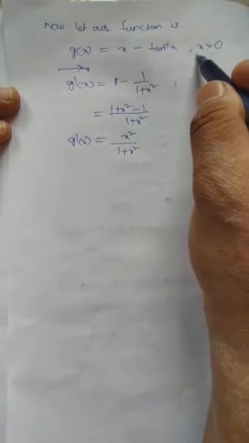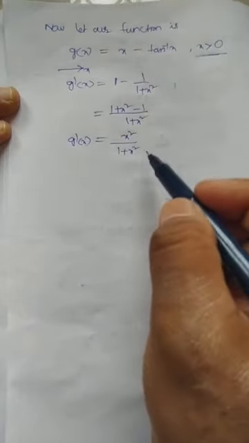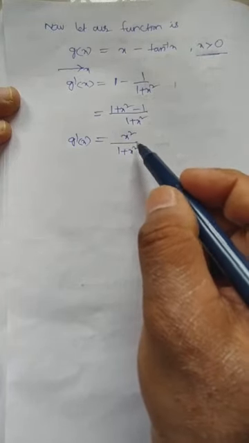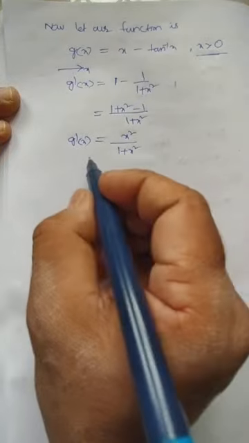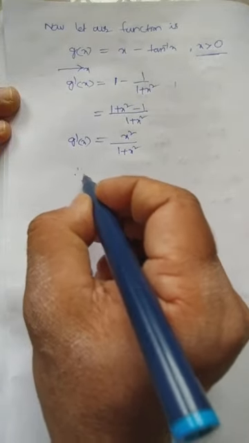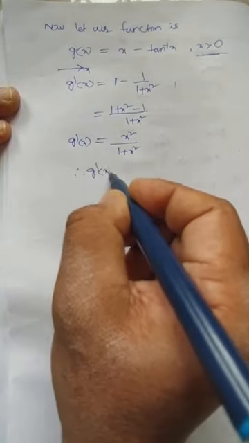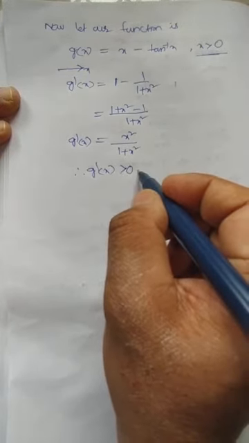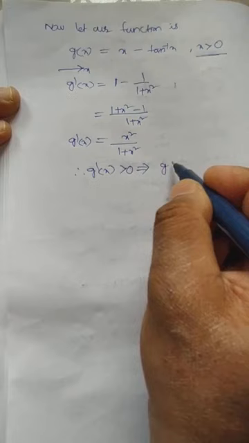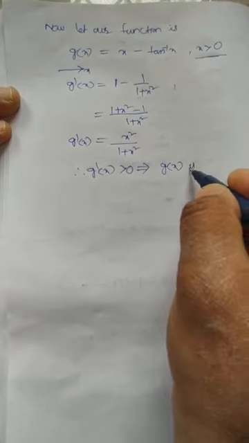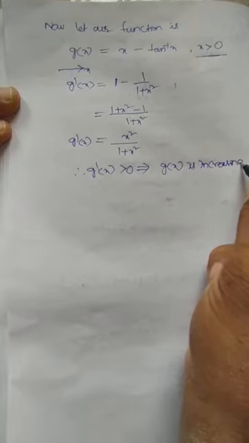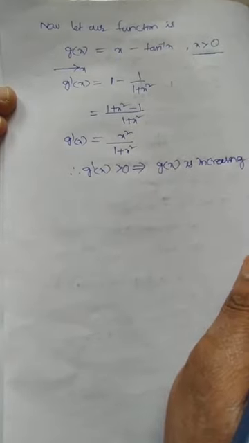Whenever x is greater than 0, observe this g dash of x function: x square positive, 1 plus x square positive, positive by positive is positive. Therefore g dash of x is greater than 0. It implies g of x is increasing.